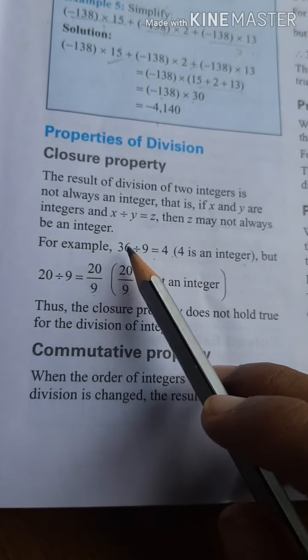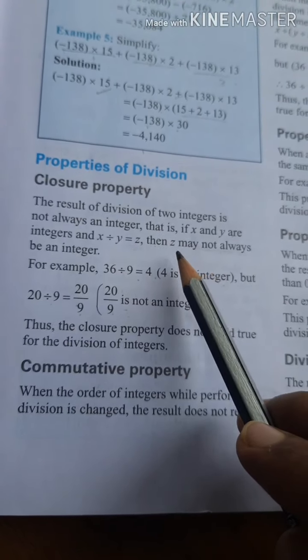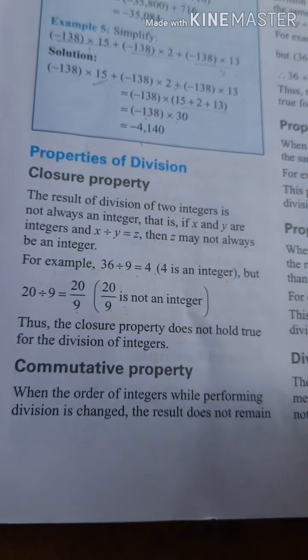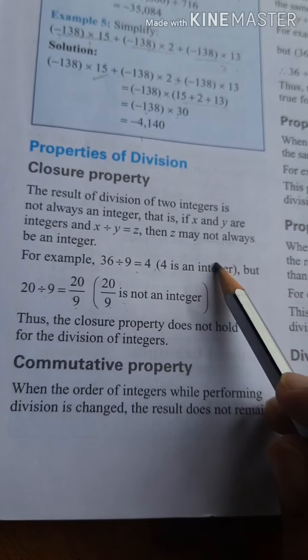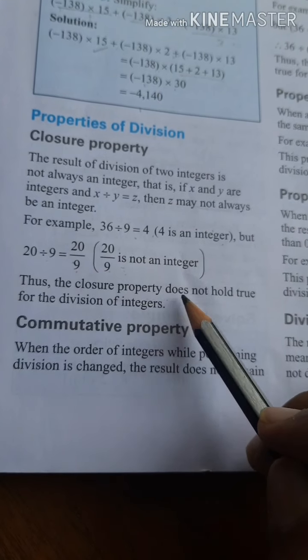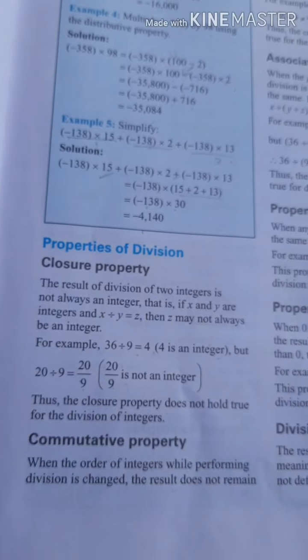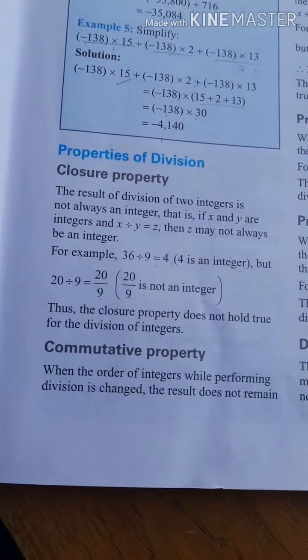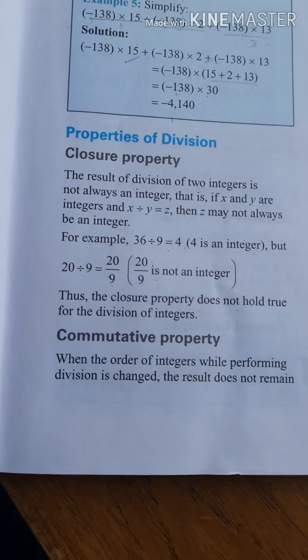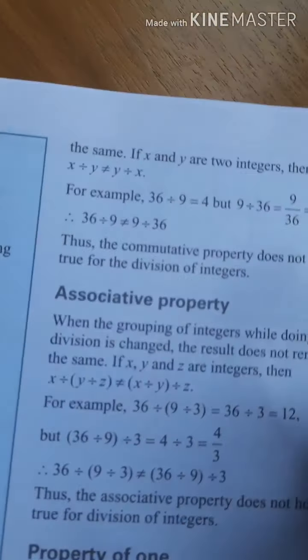So this is the closure property. It doesn't mean it is always satisfied. It is based on the question. See, here it is satisfied, here it won't be satisfied. So the closure property does not hold true for division. Now we'll go for the commutative property. What is the commutative property? x divided by y equal to y divided by x.